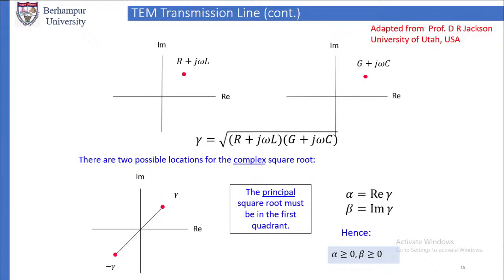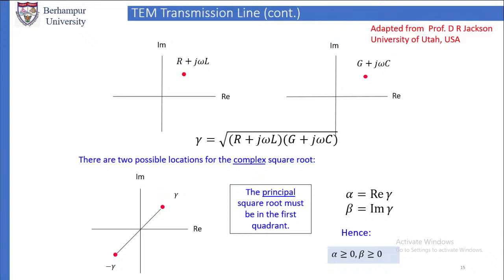But for gamma, their product will be taken and the square root of that product will be taken. So where will it be? There are two possible states. One is in the first quadrant, because both are positive, so their square root will be positive.